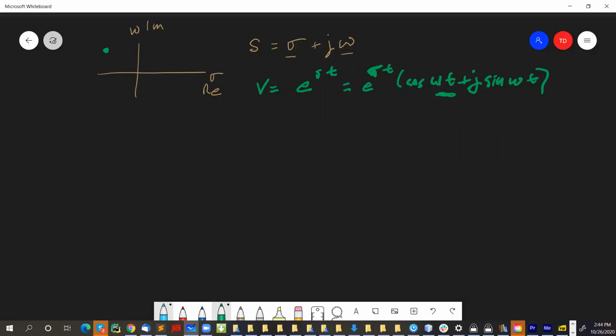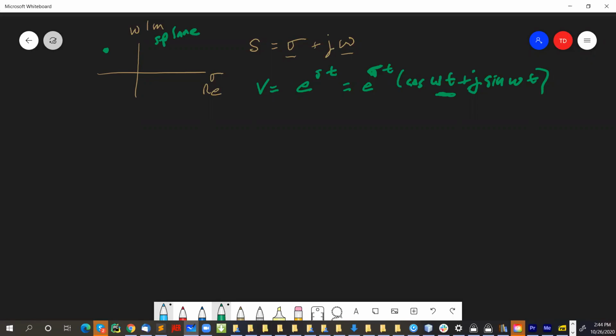Okay, is that clear? If you don't say anything, I'll assume it is clear. All right, so let's draw what this function e to the st looks like for different points in this complex plane of S. By the way, this is called the S plane.